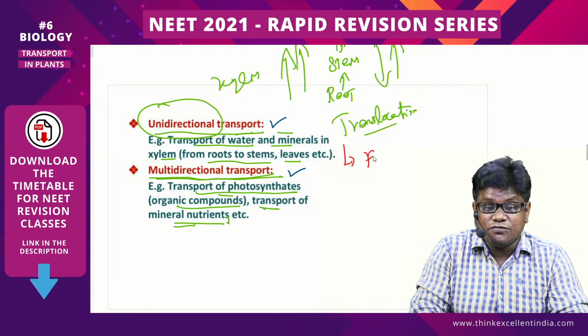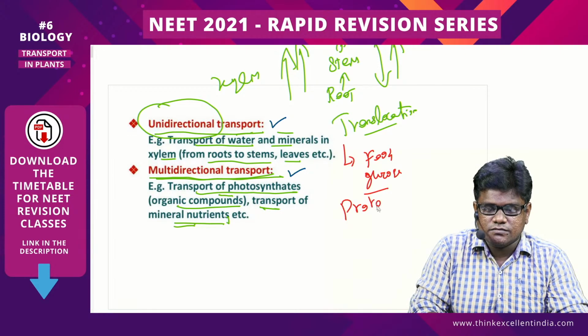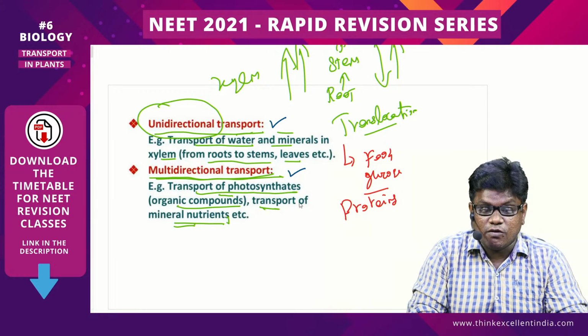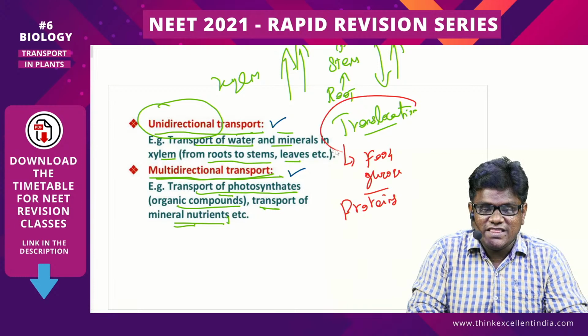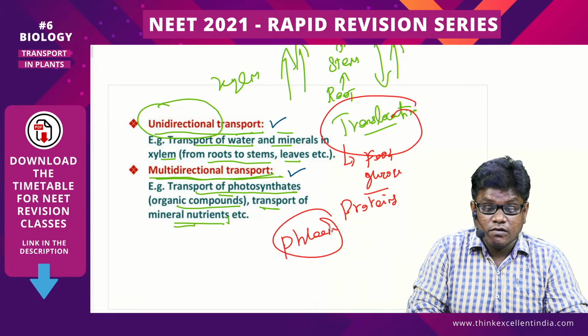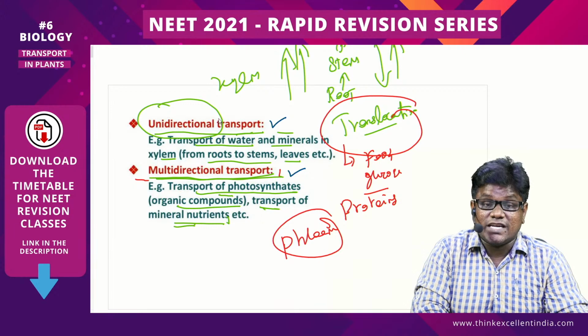The synthesized food materials, I mean the glucose which is produced by photosynthesis, and some of the proteins, these are the main things which get transferred from one region to another region with the help of phloem. So that is the multidirectional transport system, and two different types of transport system are present inside the plant system.